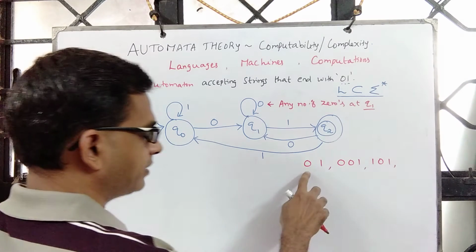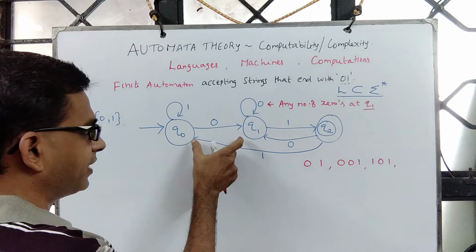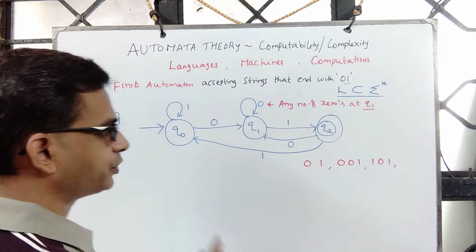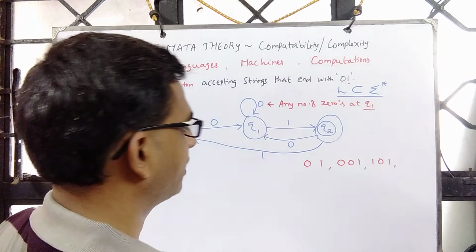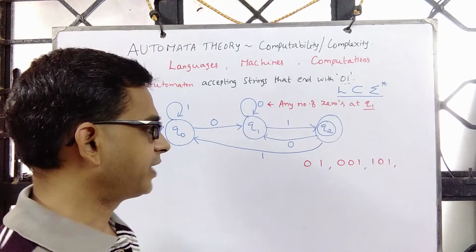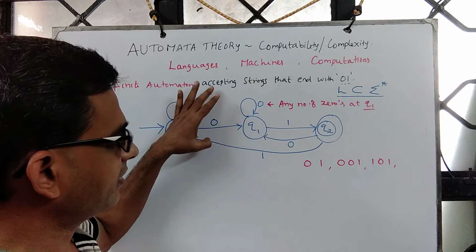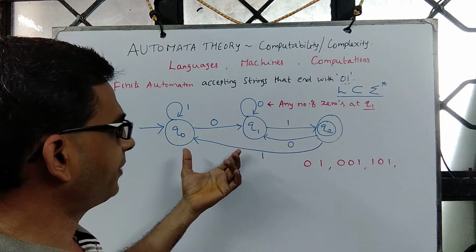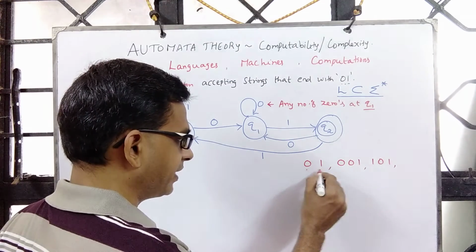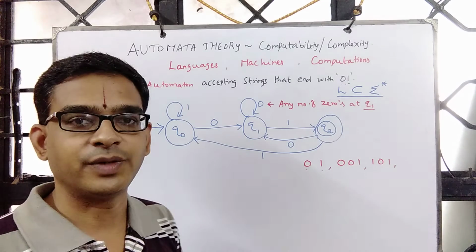Meaning the simplest string is a string of length 2, and that tells you the automaton should have at least 3 states. Anything smaller than 3 is not possible. So if you are trying to construct a minimum finite automaton accepting this language, then the automaton should have 3 states. The reason is the simplest string is 0 1, which means you need 3 states to accept this.